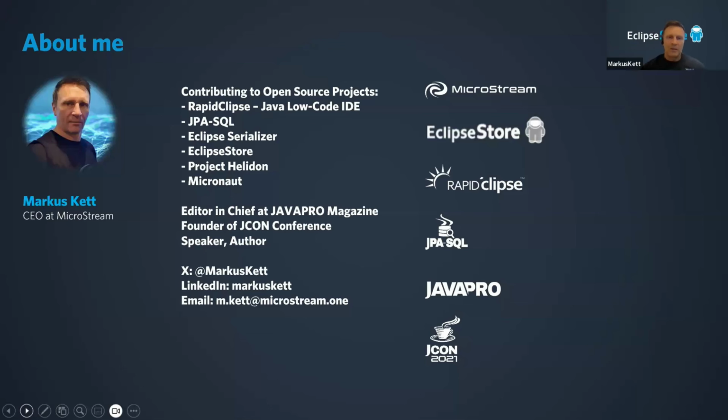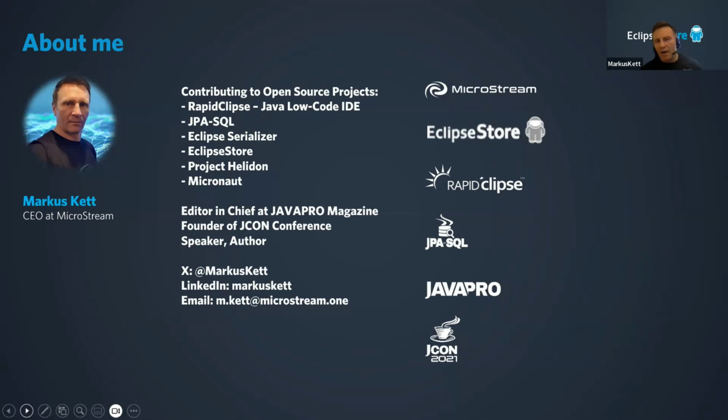But first of all, let me introduce myself briefly. My name is Marcus Kett. I'm CEO and co-founder of MicroStream. And with my team, we have been working for more than 15 years on Java development IDEs, especially on the Eclipse IDE. So we worked on a visual Java IDE, and there we were working on the JBoss Hibernate Tools for Eclipse for more than 8 years.